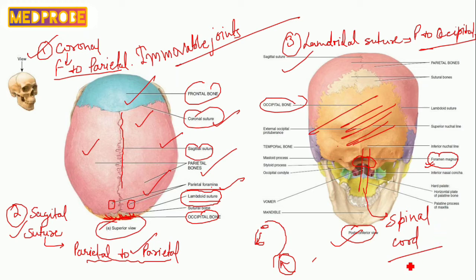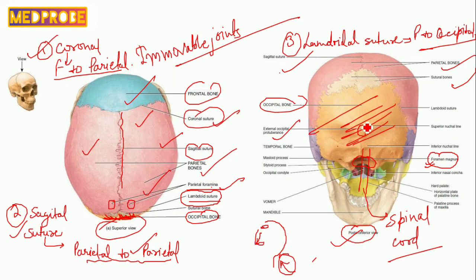Now another thing. The sagittal suture and all that you have studied already, so no need to repeat it. Here is the external occipital protuberance. Protuberance means a projecting ridge, the portion which has been protruded out.